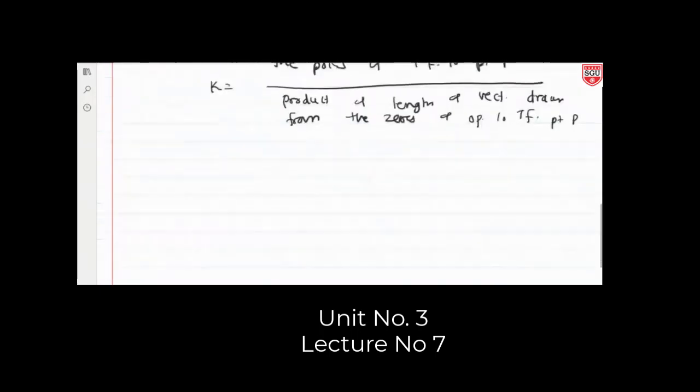Tomorrow when we start our lecture, we will see the problem G(s)H(s) equal to k upon s into s plus 2 into s plus 3. We will solve this problem by applying all the rules that we have seen now and try to find the root locus of this. When we see all the rules one by one, you will understand the concepts.